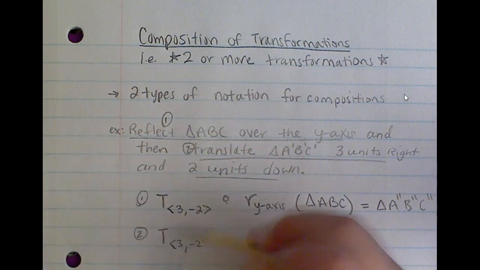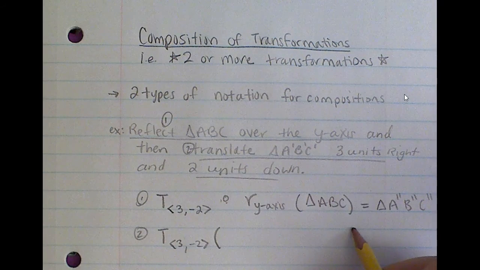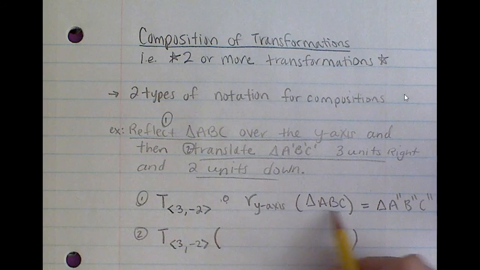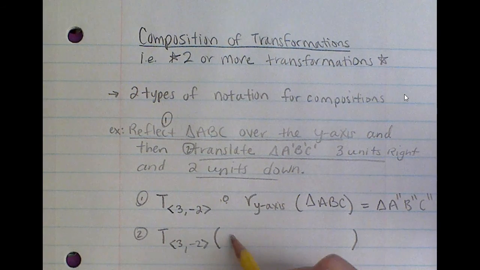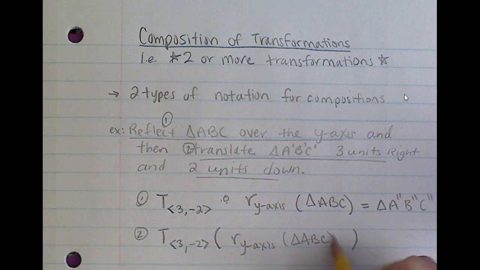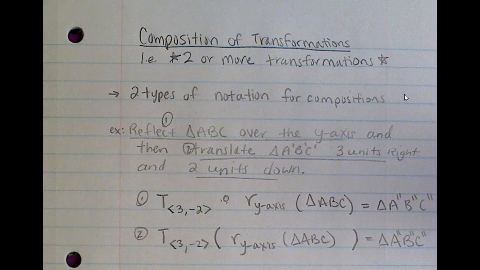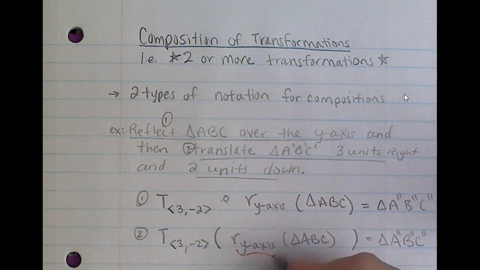Oops, that looks like a 7. So one big set of parentheses around our first transformation. I would make a note in your notebook using either different colors or arrows or something that this is the first thing that you start with.